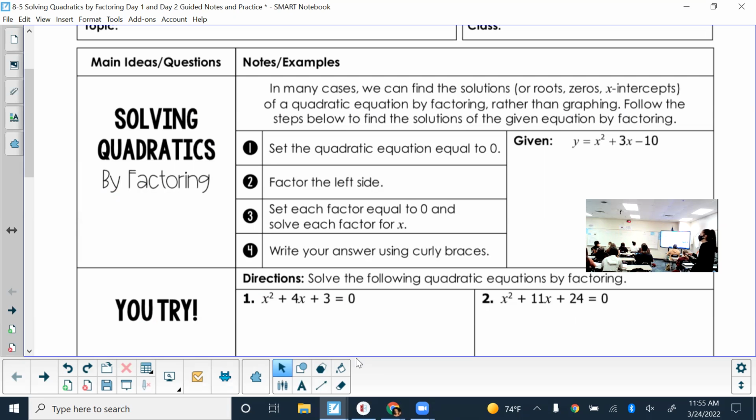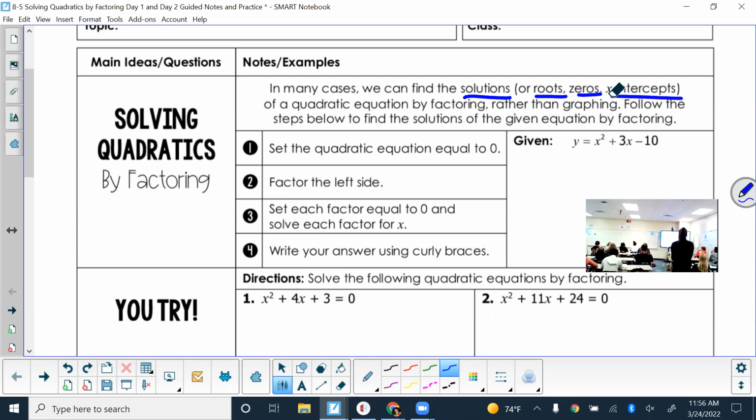This introduction up here, same thing I just said to you when we were going over objective and success criteria. All it basically says is that when we're asking for solutions, we're basically asking for the roots or the zeros or the x-intercepts. And here's just one way that you can solve for it, which is now factoring.